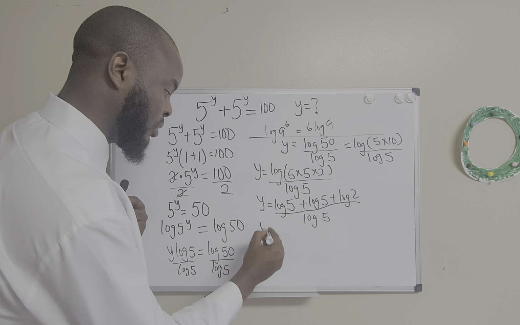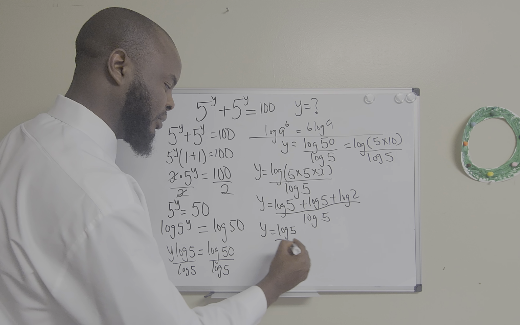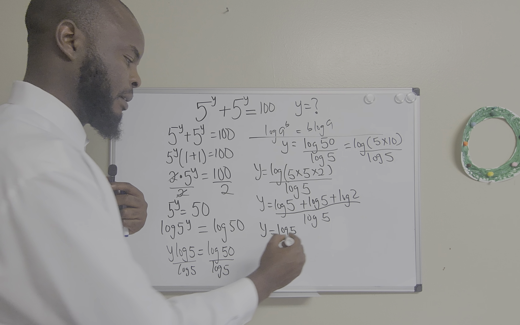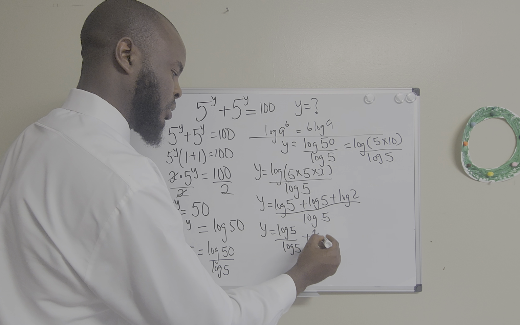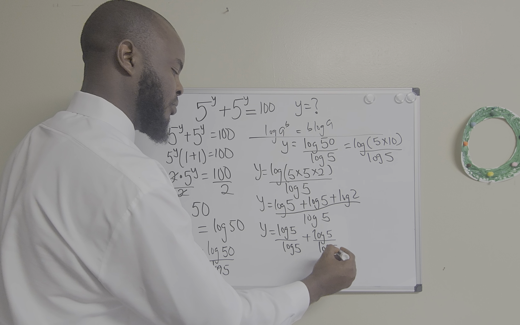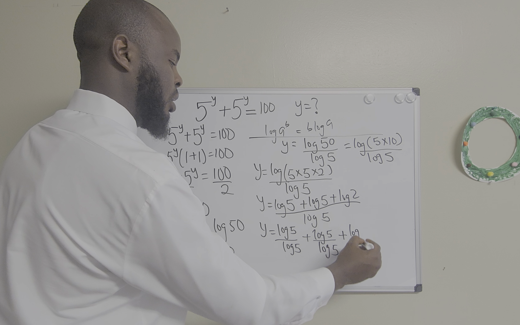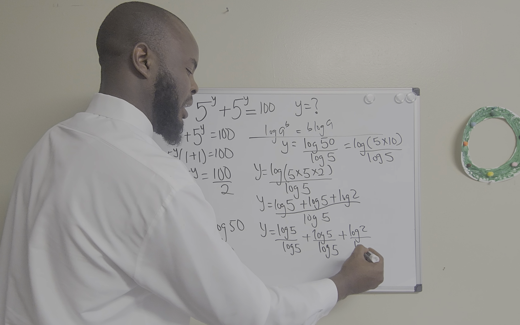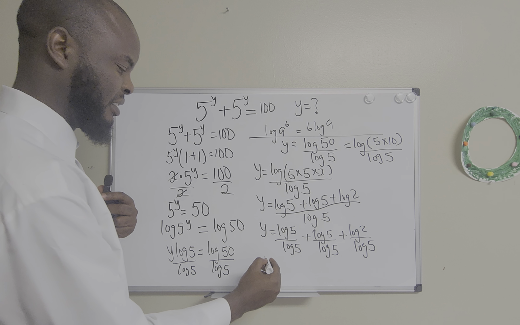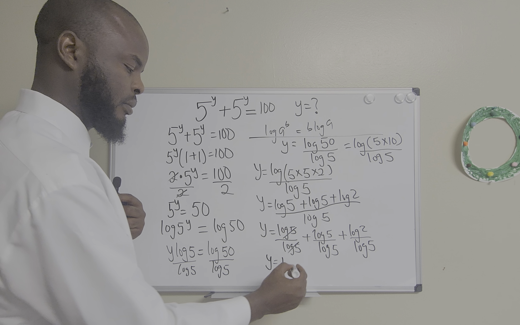Now, each of the numerator terms can be divided by log 5. That is, y can be equal to log 5 divided by log 5 plus log 5 divided by log 5 plus log 2 divided by log 5. And from here, my y is going to be 1. Log 5 divided by log 5 is going to be 1.